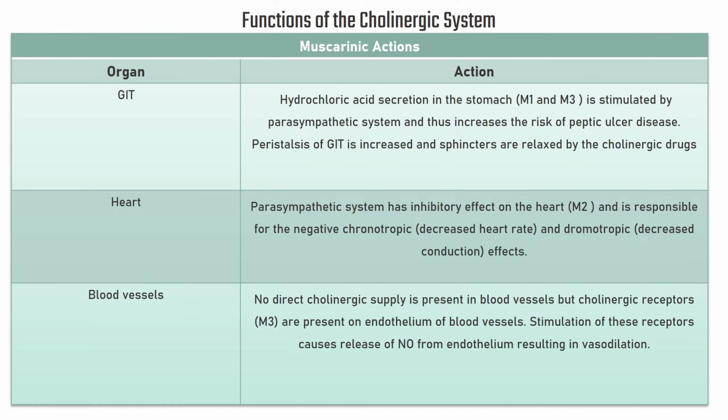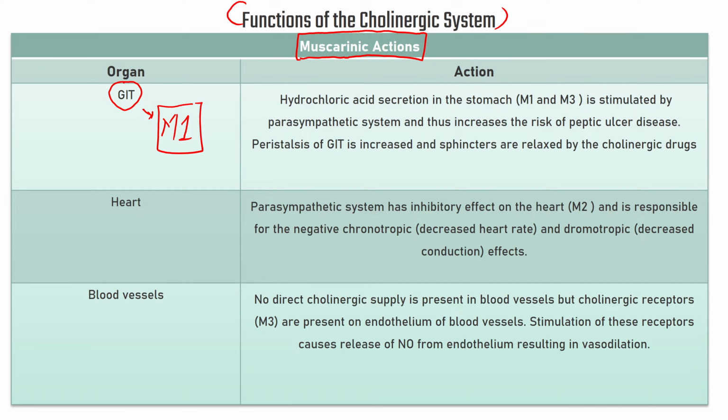Moving further, functions of the cholinergic system. Very easy to remember this now, since we know all the locations of the receptors. Muscarinic actions. Any organ you pick, say the GIT. We just learned the action of the M1 receptor.